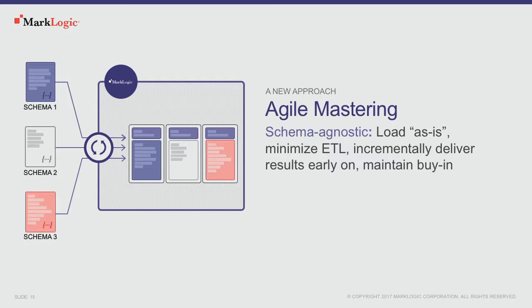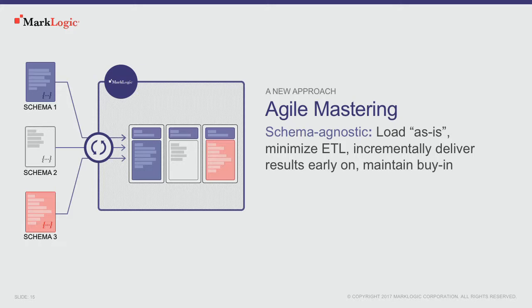If you load it as is, you progressively master it, and you begin to deliver incremental results quickly. And what this does is it allows you to also handle the changes that are going to happen. So all those different data sources that are tied to you, it's inevitable that some of them are going to change.